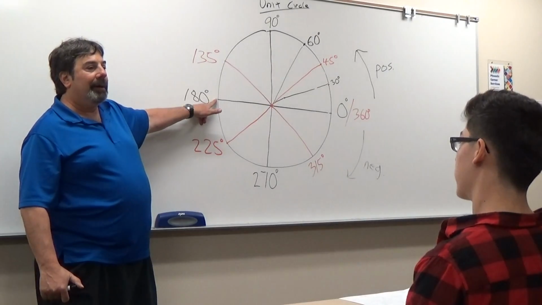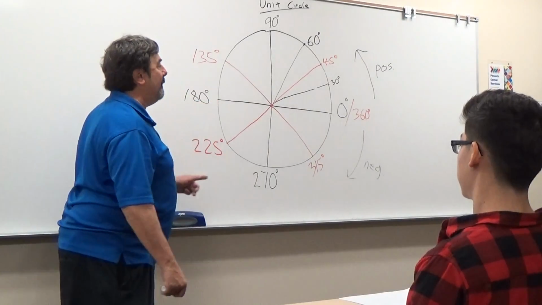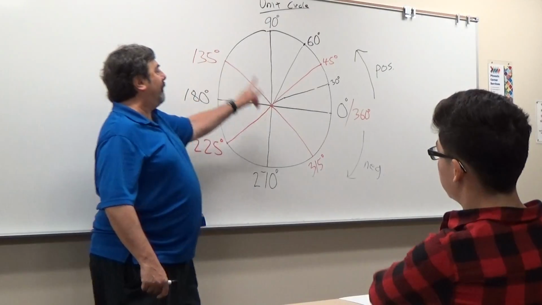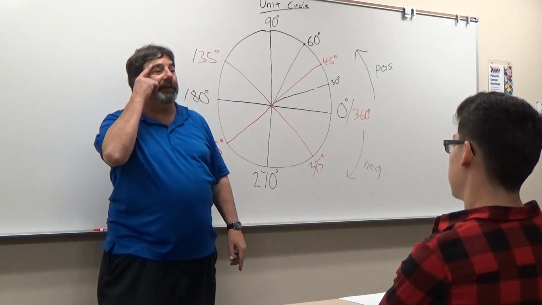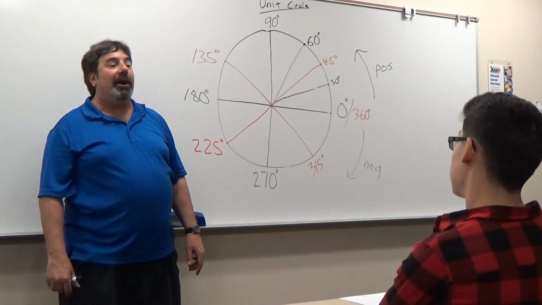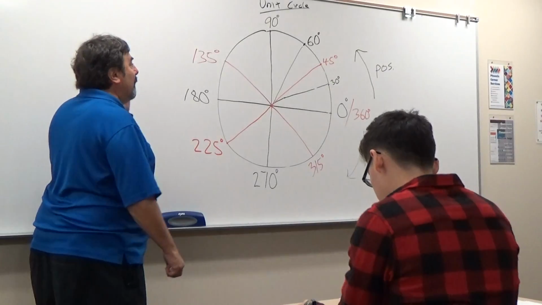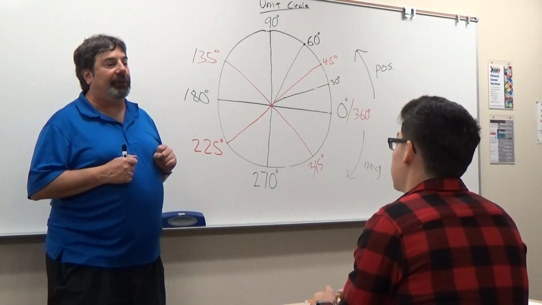Negative 180 degrees. Good job. Yeah, negative 180 degrees and positive 180 degrees terminate at the same point. They pretty much define the same point. So we can say that they are coterminal because they end at the same place. All right? So there are multiple ways to refer to the same point on the unit circle.